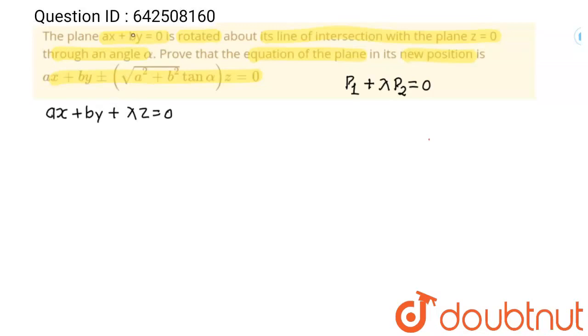This plane is formed when we rotate ax plus by equals 0 by angle alpha. It means that the angle between both the planes is alpha, so the angle between both the normals will also be alpha.